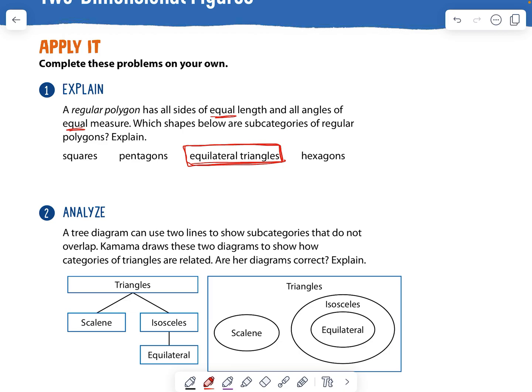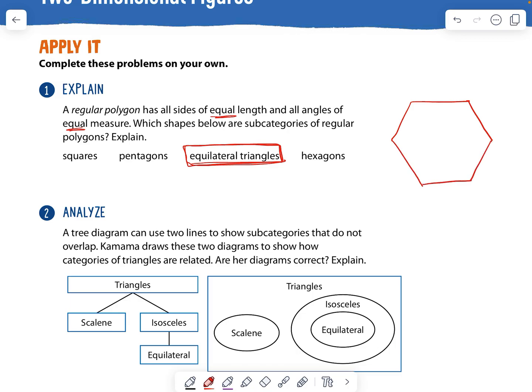Then, if you remember what a hexagon looks like, some of you may not, and that is okay. I even have to look it up. A hexagon has 6 sides. So I'm going to try my best to draw a hexagon.